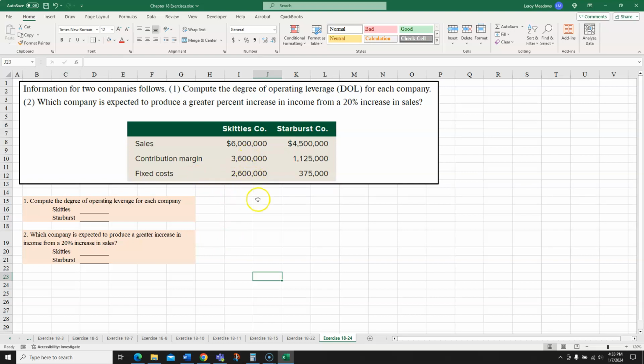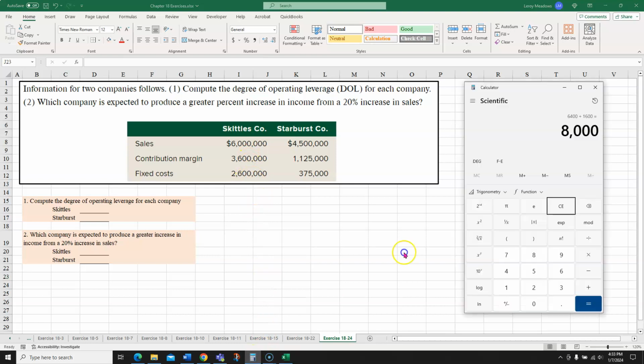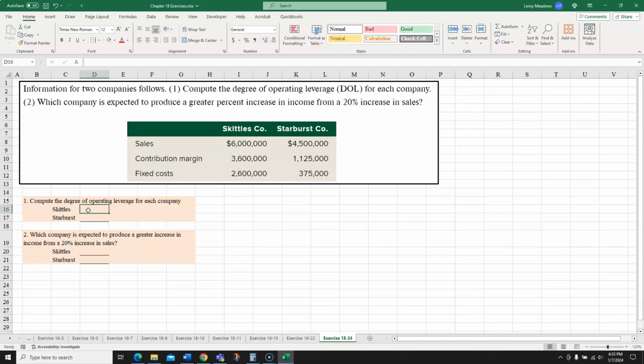So my income for Skittles is going to be what? Contribution margin minus fixed costs. So I'm going to have income of $1 million. So I'm going to take my contribution margin of $3,600,000 and divide that by $1 million. And I'm going to get a degree of operating leverage of 3.6 for Skittles.